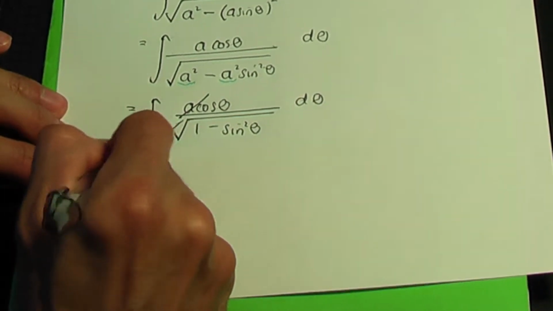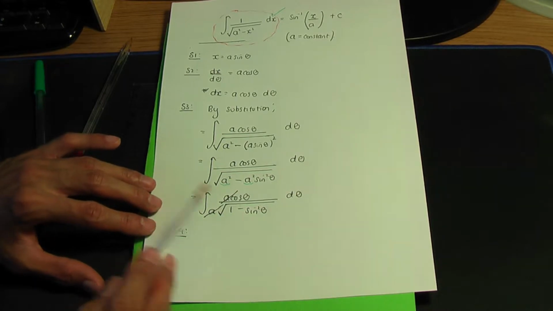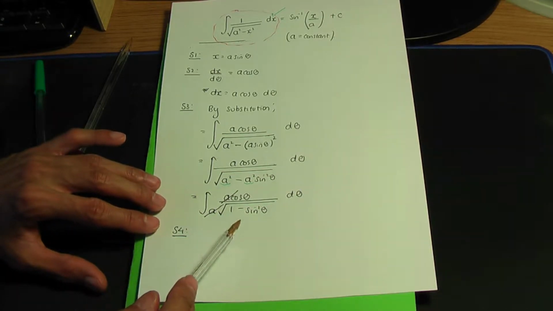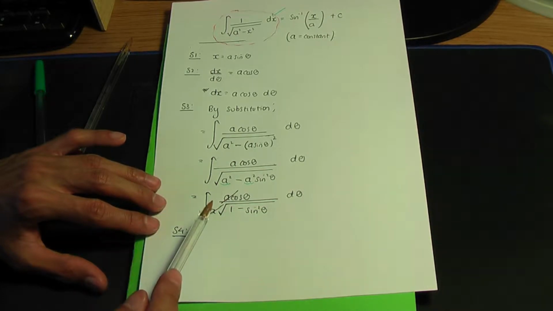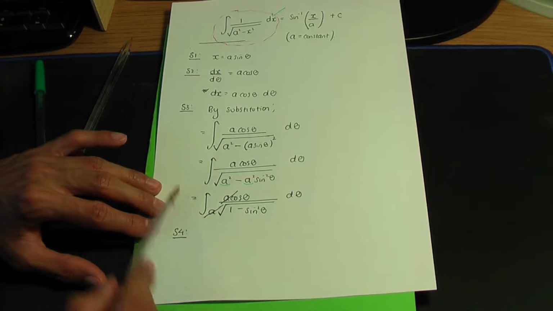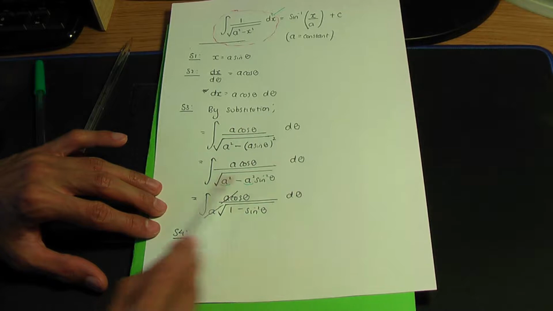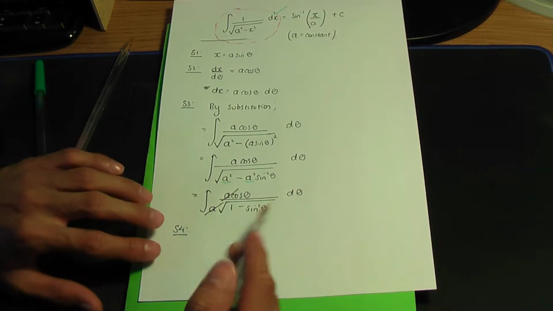And that takes us to step number 4. Now, when you do trigonometric substitution, my tip is that mostly you're going to use a trigonometric identity at some stage of your substitution in order to simplify your calculation. So let me explain.